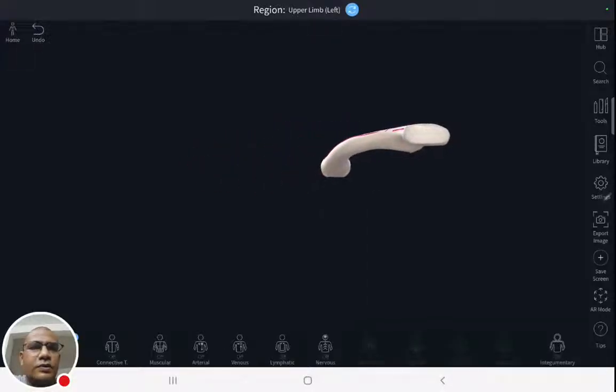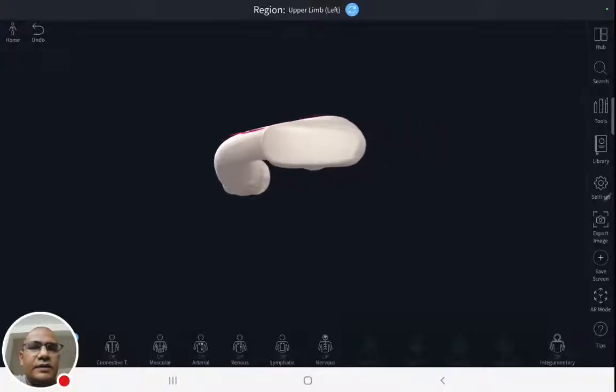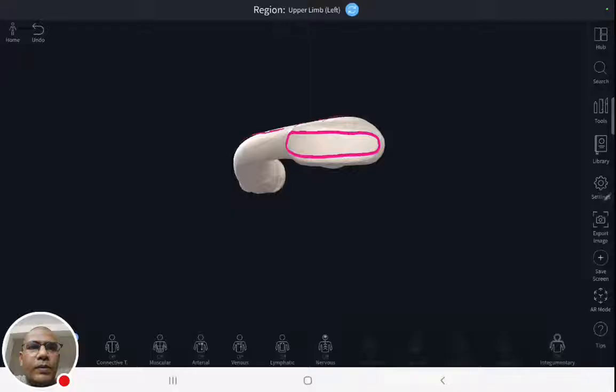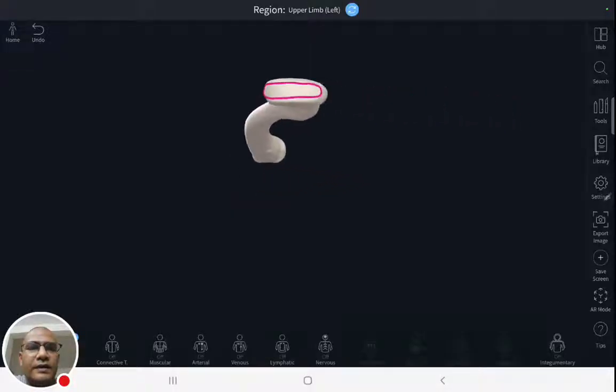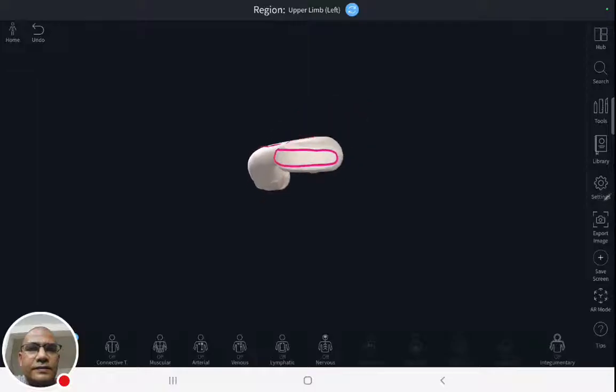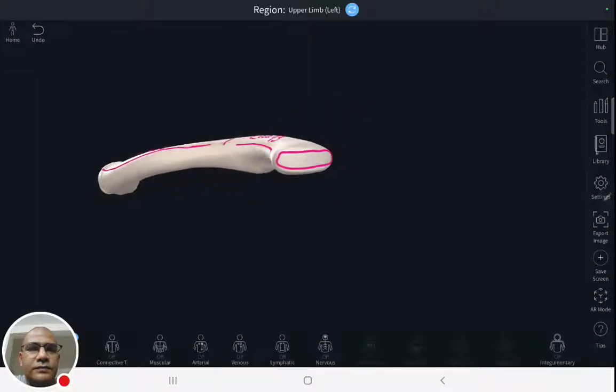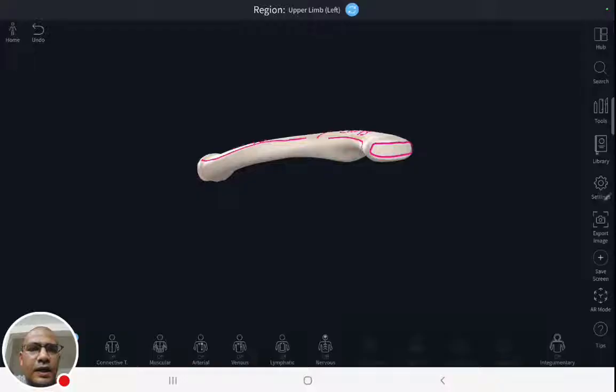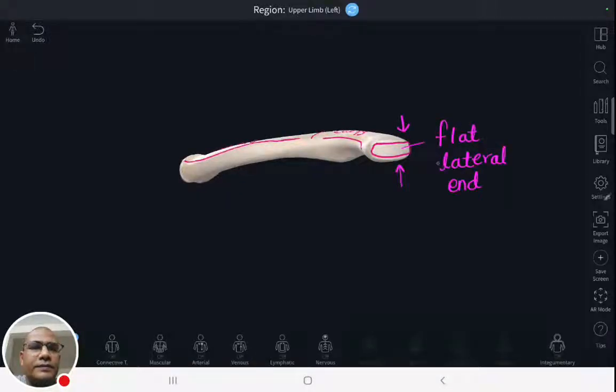As we look at the lateral end, we can see it is flattened from above downwards. So it is a flat lateral end, and as it articulates with the acromion process, it is also called acromial end.